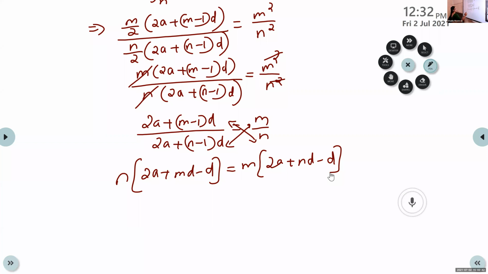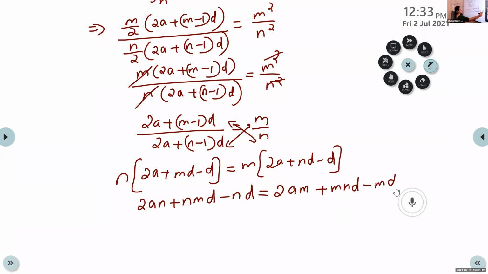Now it is 2an plus nmd minus nd equal to 2am plus mnd minus md. Removing all brackets.